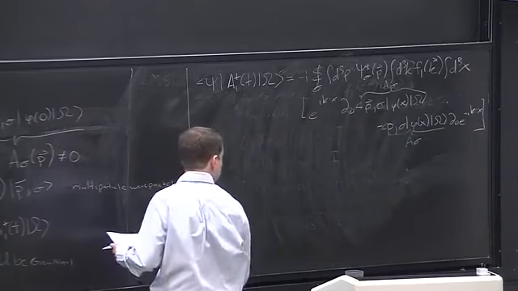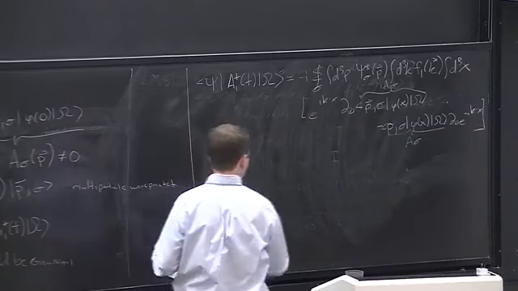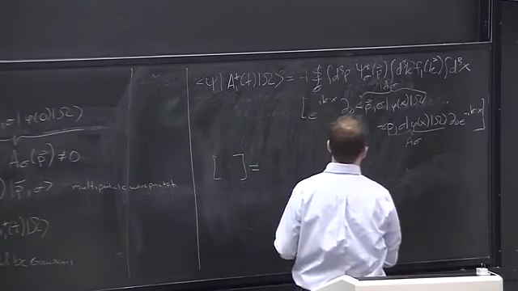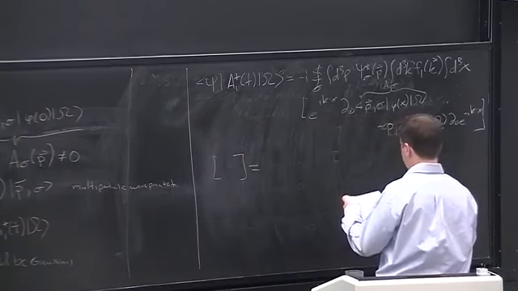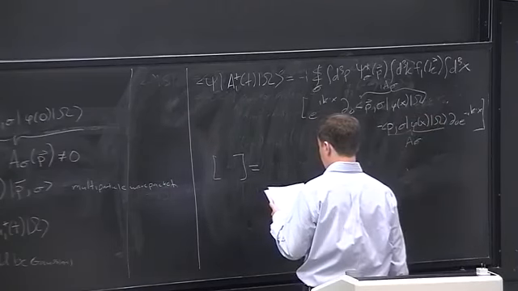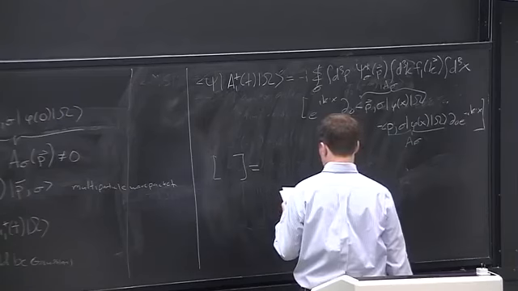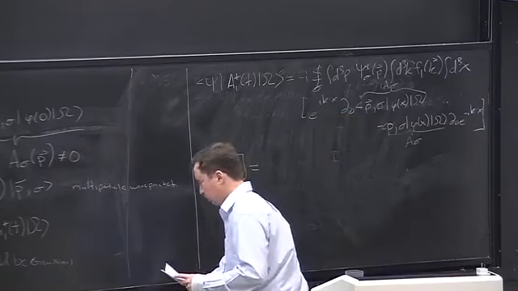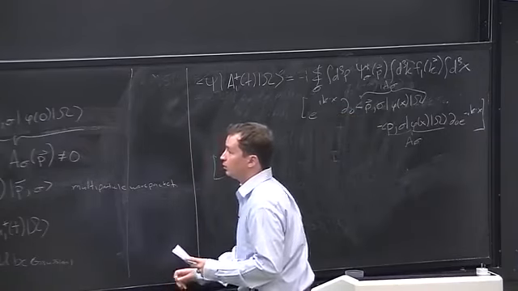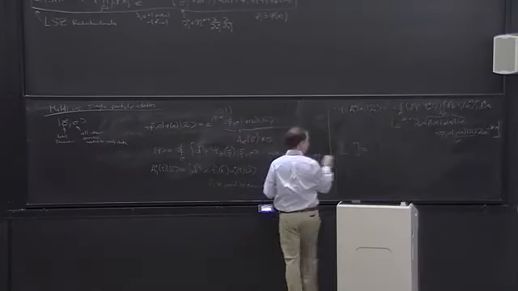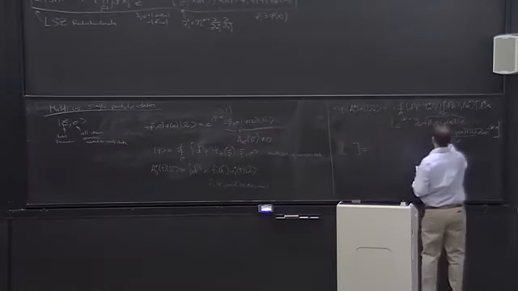And so the part in the square brackets, sorry, there should have been e to the i p x times A sigma, not just A sigma.